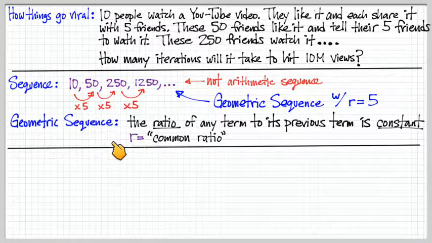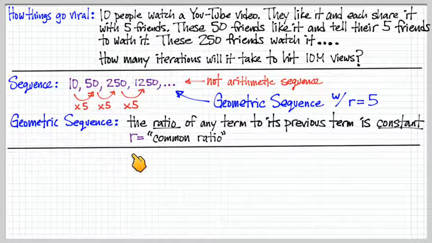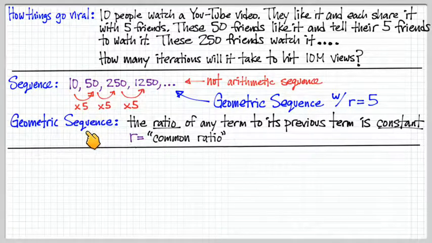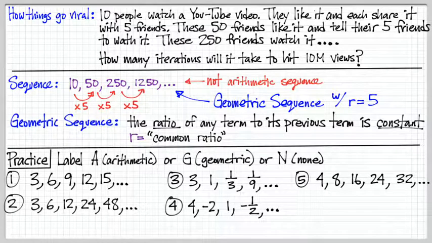So remember, with arithmetic sequences we use this variable called d. d would be the common difference. In this case, r for geometric series is the common ratio. So you can practice and check to see if these are arithmetic sequences, geometric sequences, or maybe none of the above.